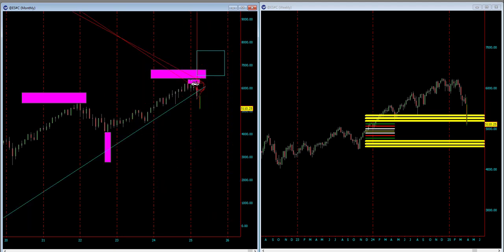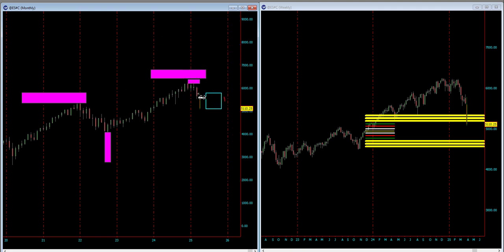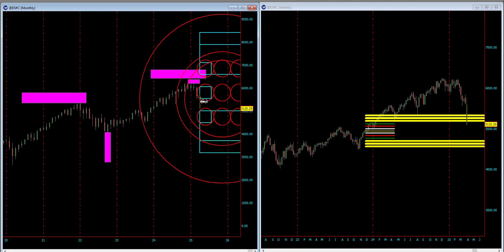Now, this is the movement down. If we move it here or here, let's move it to the initiation, the first impulse move down. We are looking at this monthly chart, and this is looking at going back here on this cycle.